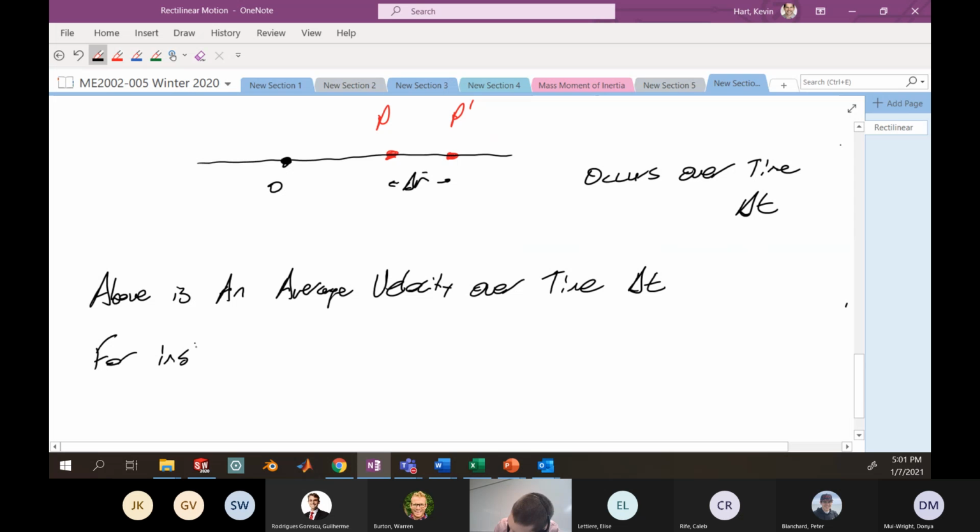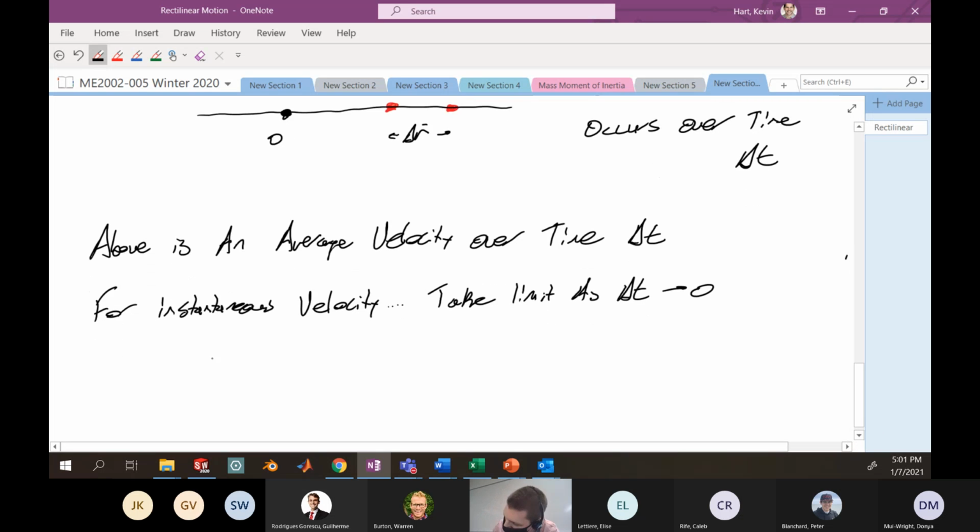For instantaneous velocity, take the limit of this equation as time goes to 0. So what I'm doing is, the velocity vector is the limit as time goes to 0 of the change in the position vector as a function of time divided by the time step.